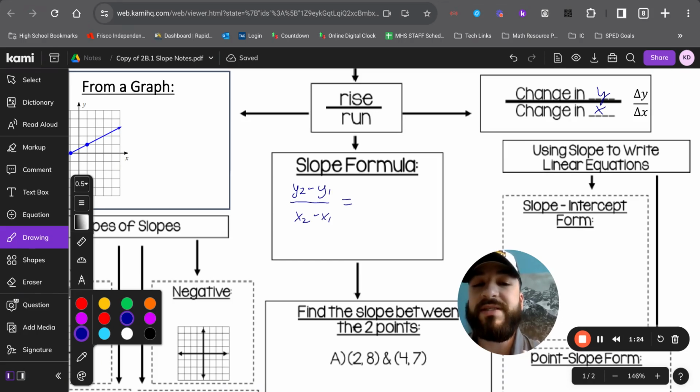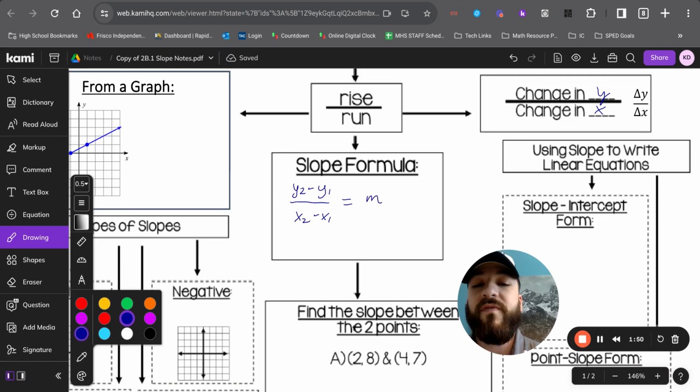And that, of course, is equal to m, which is the variable we're going to use to represent slope. So that y2 minus y1, that's representing that change in y, that change from point 1 in my y value to point 2 in my y value, and that change in x from point 1 in my x value to point 2. So this uses any 2 points.